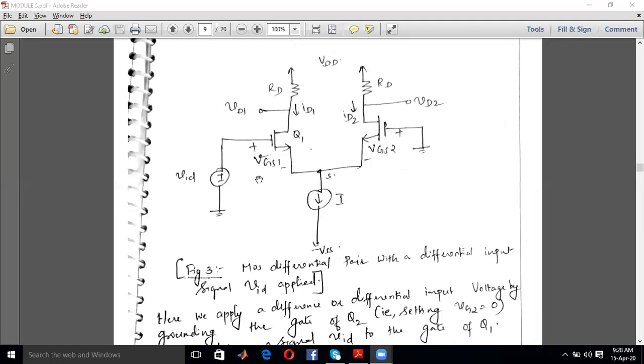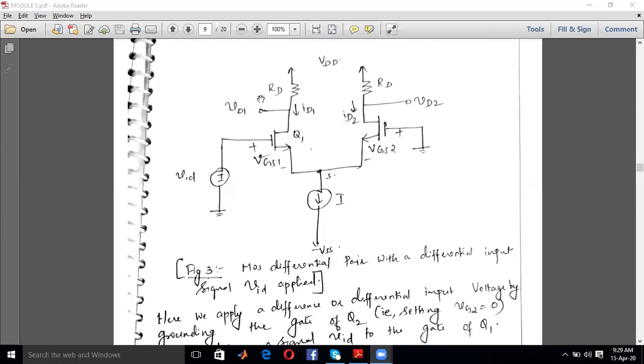Being an NMOS transistor, it will conduct only with a positive gate voltage, isn't it? A positive gate voltage is coming at Q1, whereas a negative or lesser positive voltage is coming at the gate of Q2, which means Q1 is conducting more than Q2.